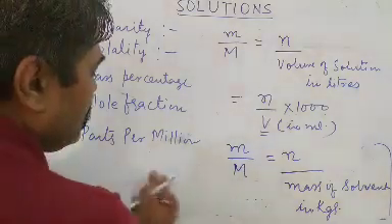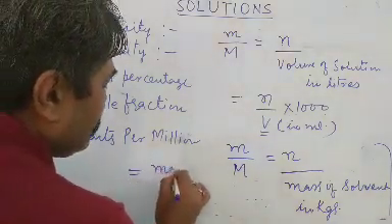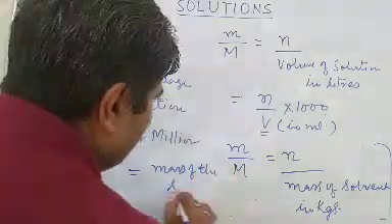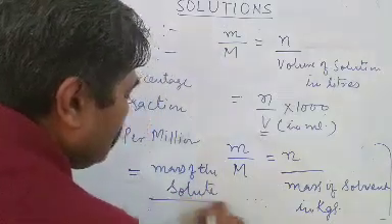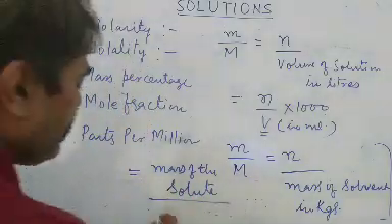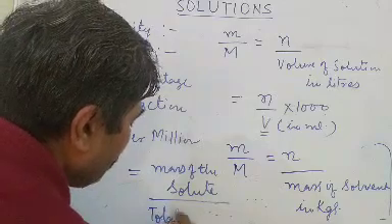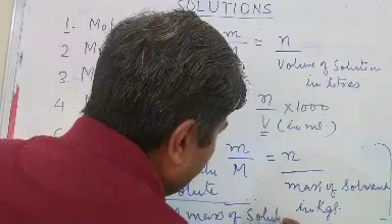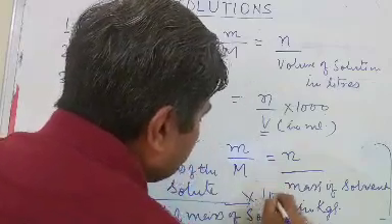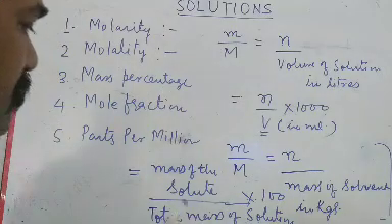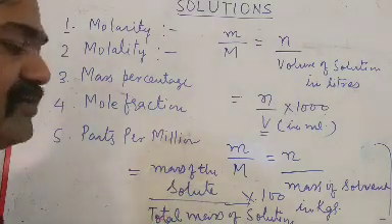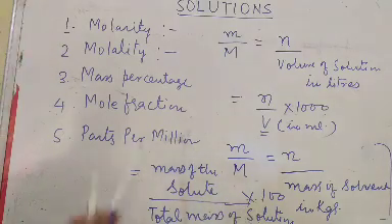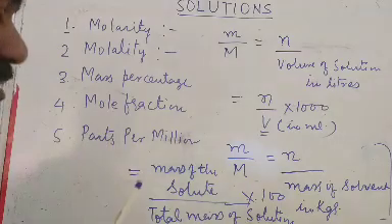The mass of the solute is divided by the total mass of the solution, and this ratio is multiplied by 100. This gives us the value of the mass percentage.